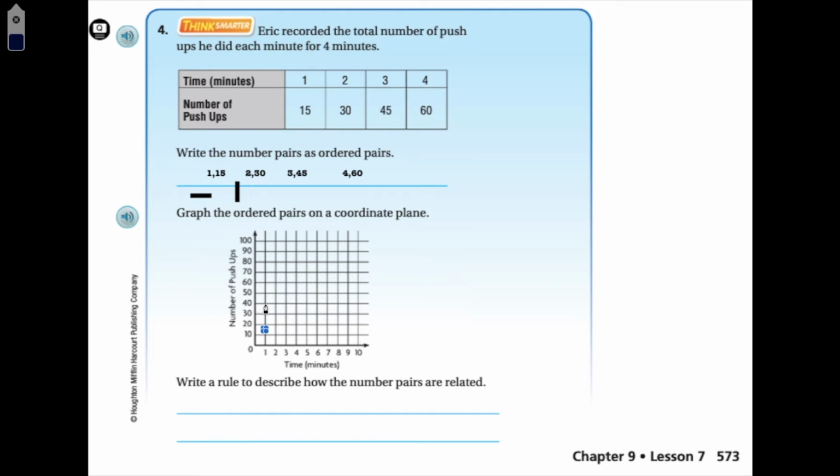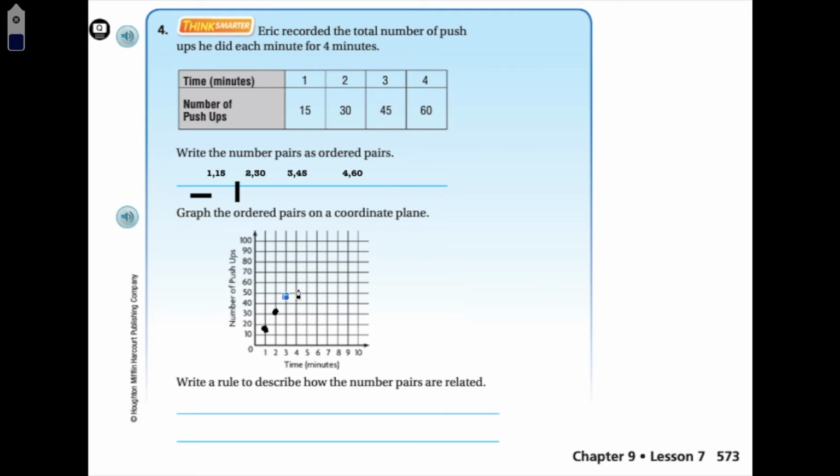And then I'm going to go ahead and do the second one. I'm going to go over 2 and go up 30. Continue with the third one. I'm going to go over 3 and then go up 45. Same thing. There's no 45. So you need to know that 45 goes between 40 and 50. And then for the last one, I'm going to go over 4 and then up 60.